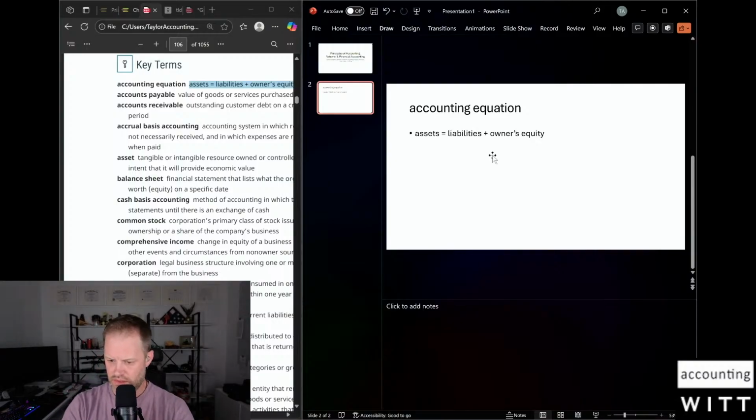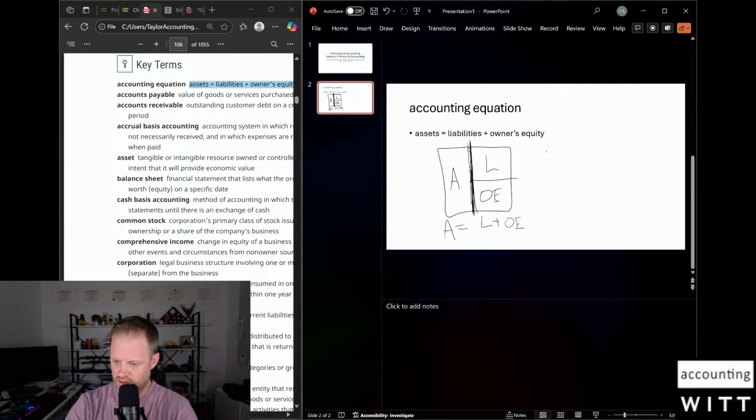So, assets equals liabilities plus owner's equity. Meaning these two sides must balance.